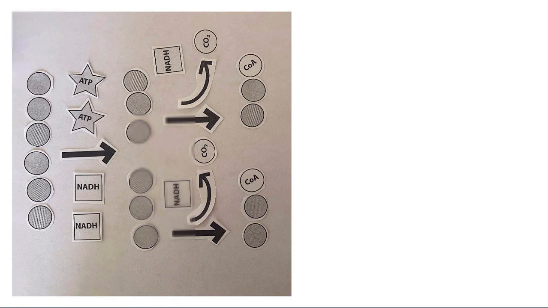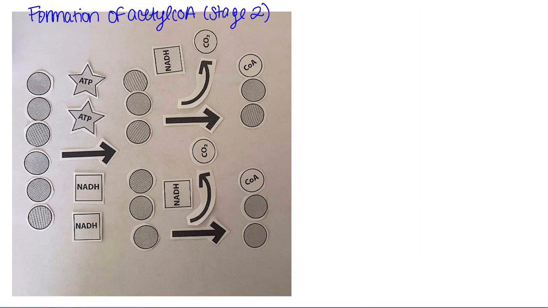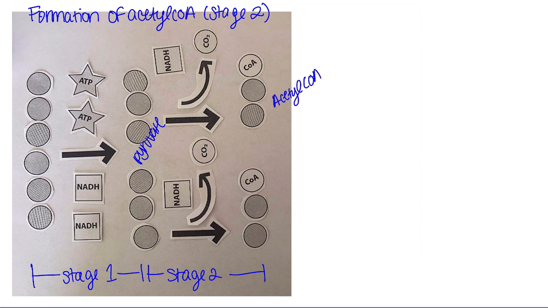Stage 2 is the formation of acetyl-CoA. I have in this image actually left stage 1 up. So here is stage 1, our glycolysis, and then here is stage 2. In stage 2, we are starting with these 2 pyruvate that we have. And each of those pyruvate is converted to acetyl-CoA.